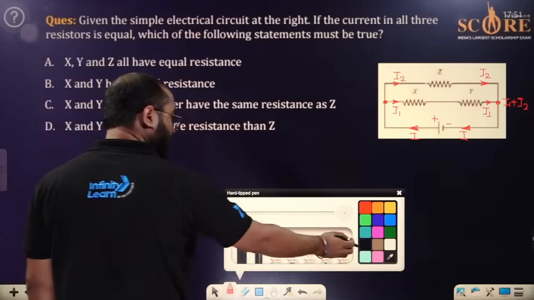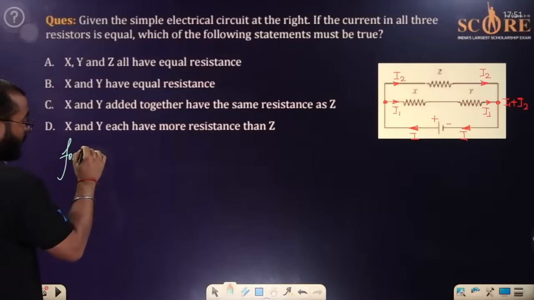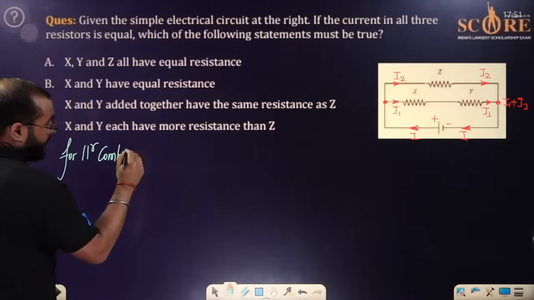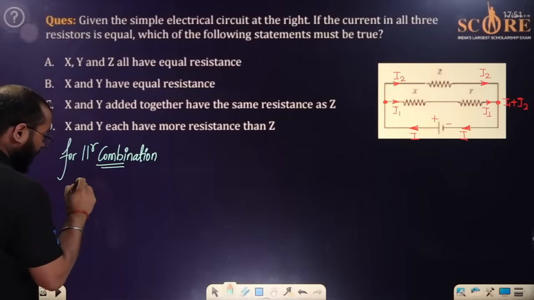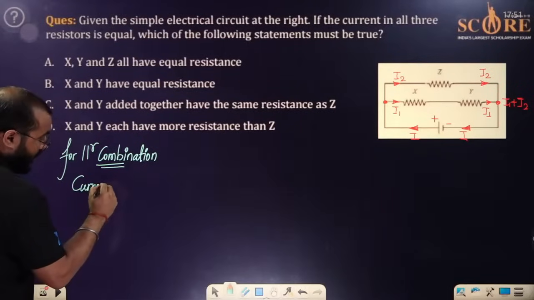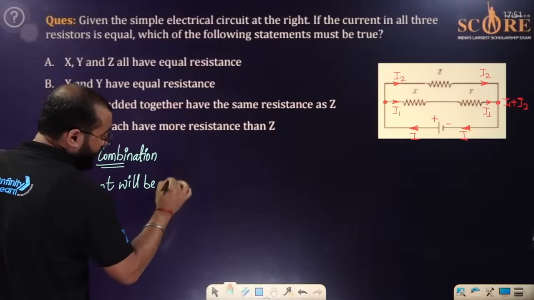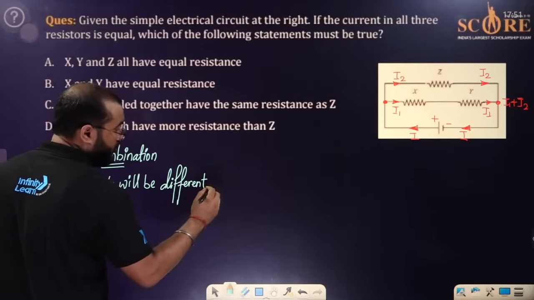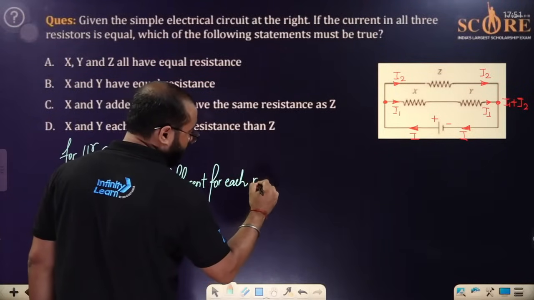But what have we learned for parallel combination? We have learned that the current will be different for each resistor.